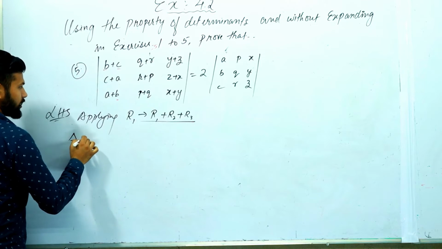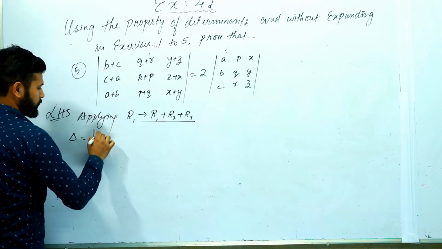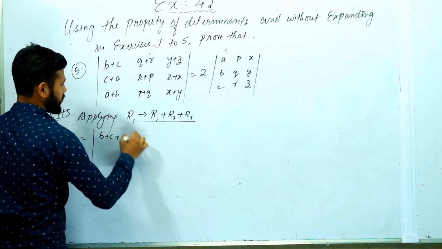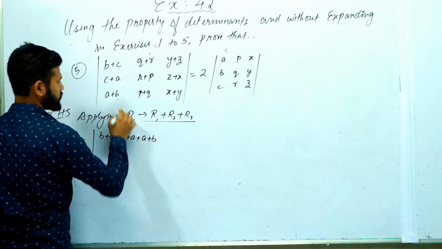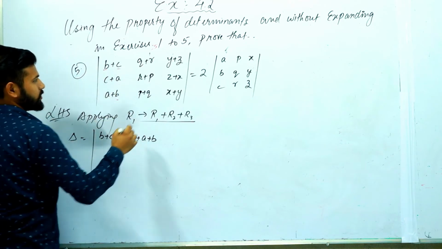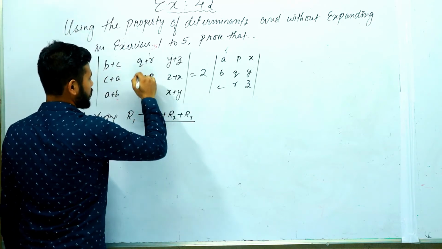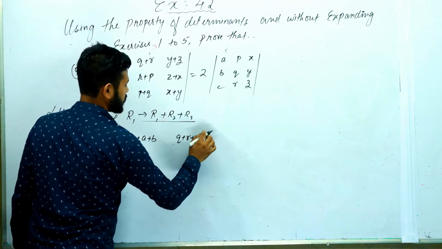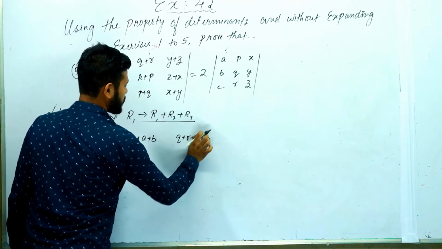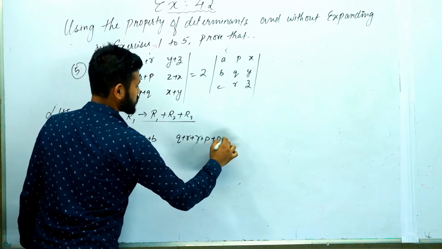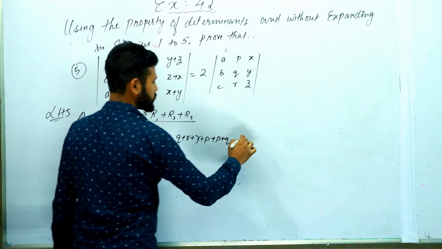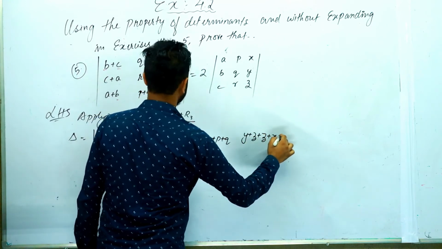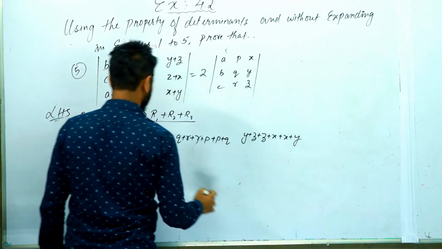So therefore delta is equal to B plus C plus C plus A plus A plus B. This is the first change. I am adding all the elements here. Same thing is going for column 2, that Q plus R plus R plus P plus P plus Q. Next thing is for this one, Y plus Z plus Z plus X plus X plus Y. Wow, nice.